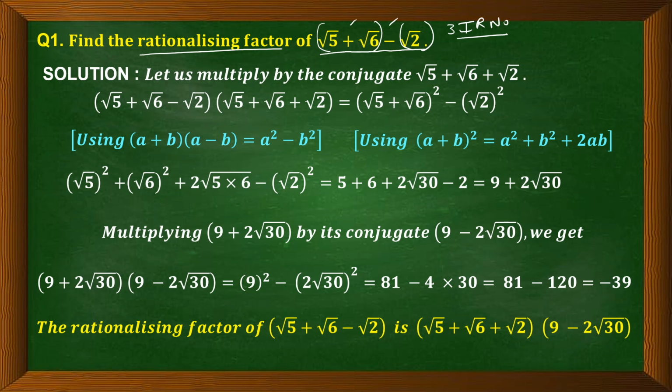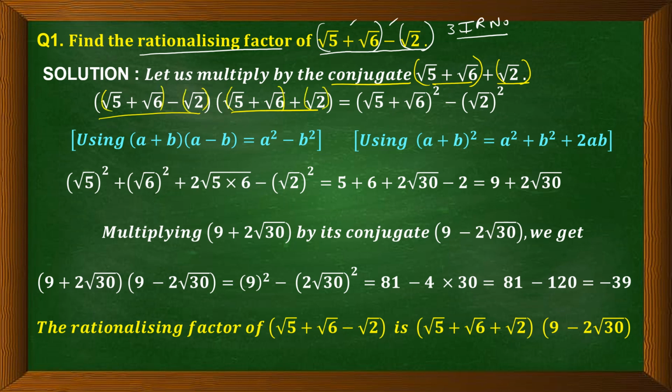So its conjugate will be root 5 plus root 6 plus root 2. Now the minus has become plus, so two expressions joined together with a plus sign. It is its conjugate. Now we shall multiply the given expression with the conjugate. Already we have grouped them.